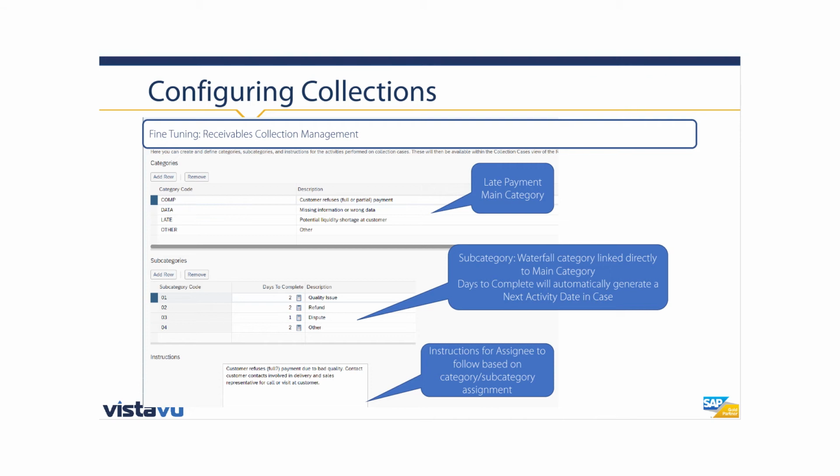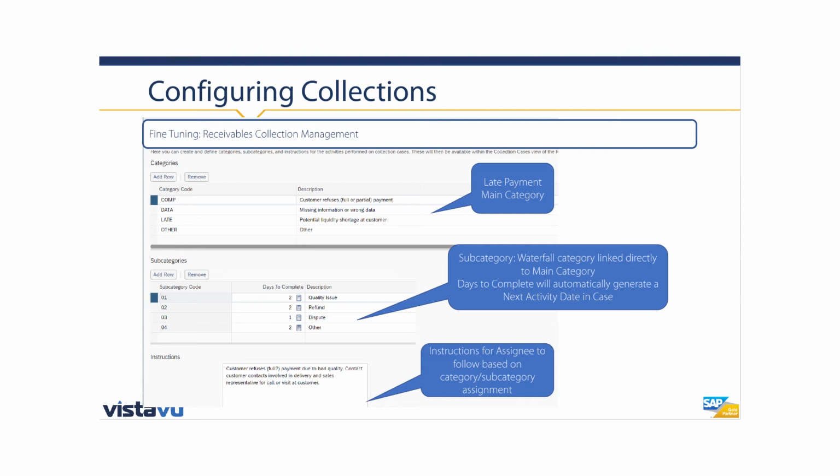And one step below that, after you enable it, a fine-tuning activity comes into play where you set up what your workflow needs to be and what your reasons and categories are and your instructions to the collections team.